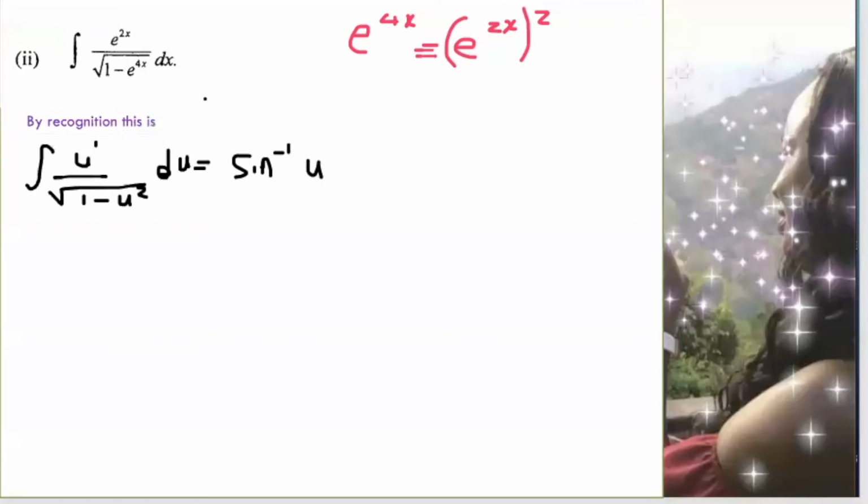So I'm going to rewrite the following integral above so that I can see the following integral below. So let u be e to the 2x. And that means where I have e to the 2x, I can replace it with u.